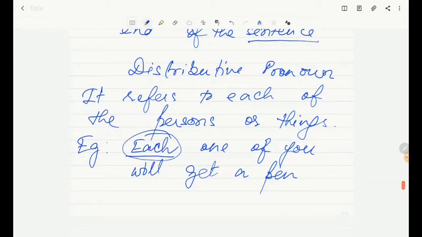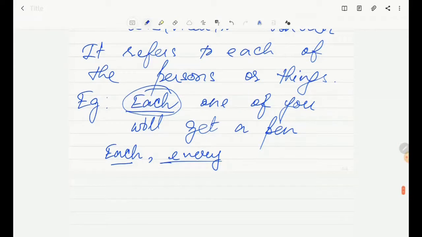Each, every. So what are the examples of the distributive pronoun? Each, every. These are all distributive pronouns which refer to how a thing is distributed among persons or things.